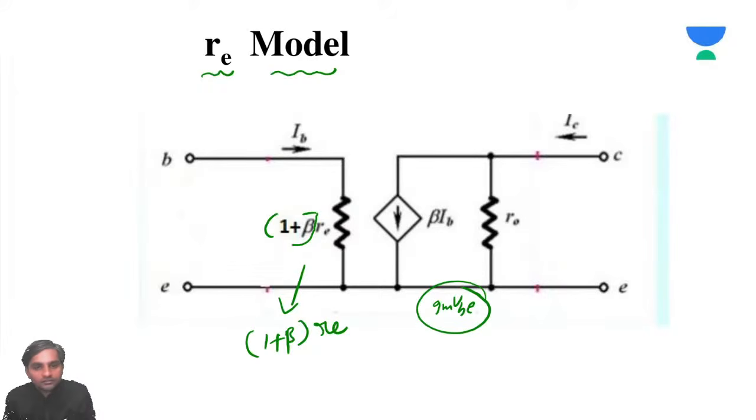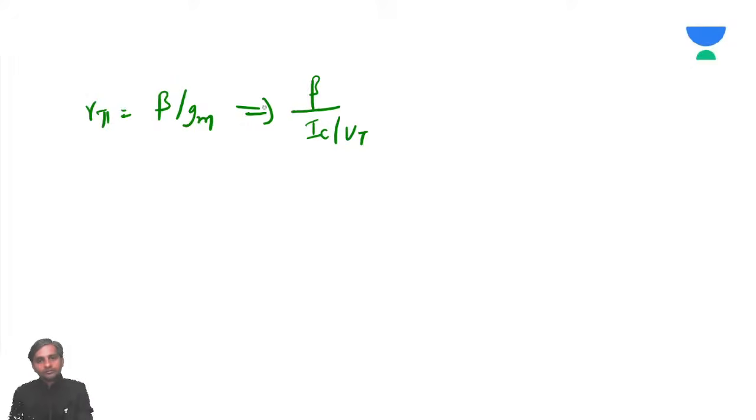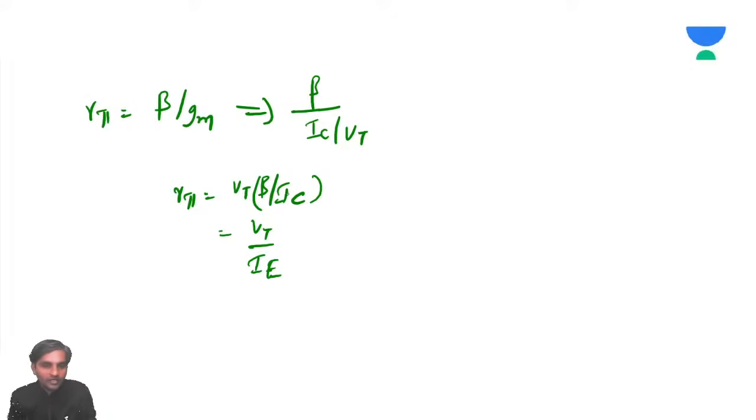IC by VT. So R pi is going to be VT into beta by IC. So what is beta by IC? Is it not VT by IE, sir? Since IE is equal to beta times of IC.